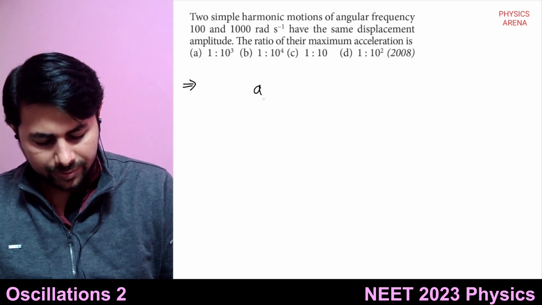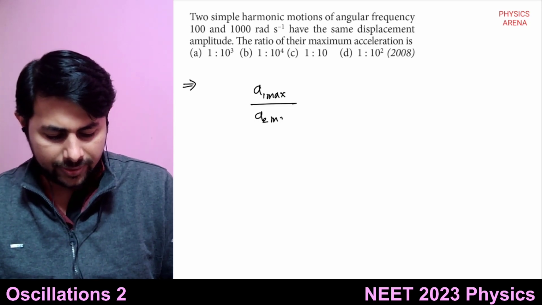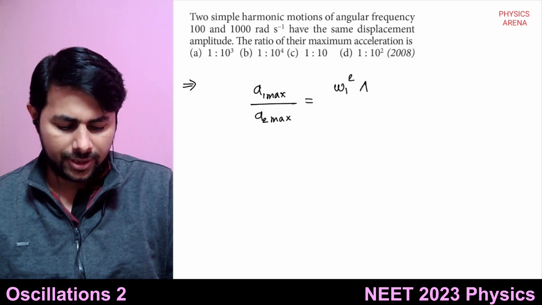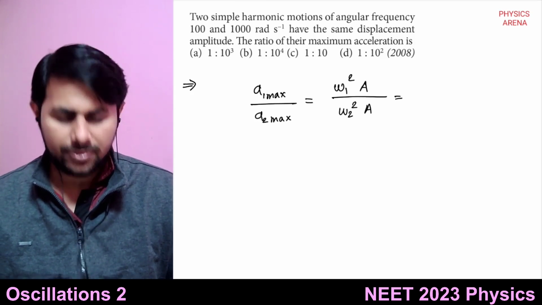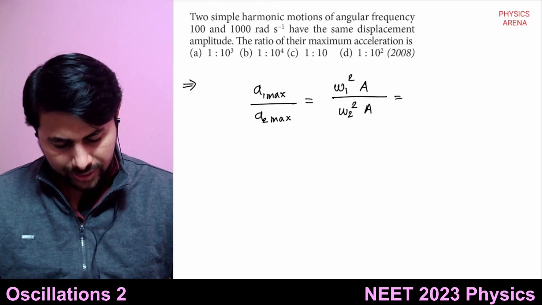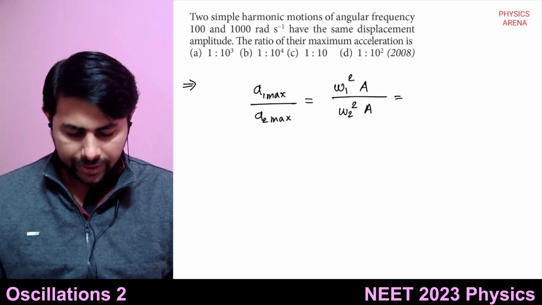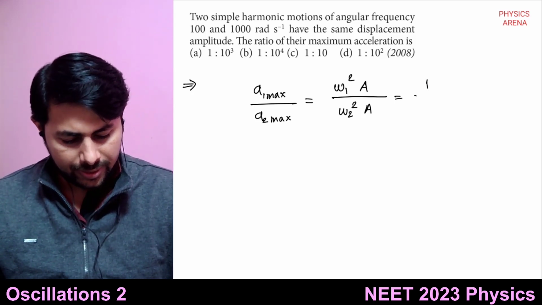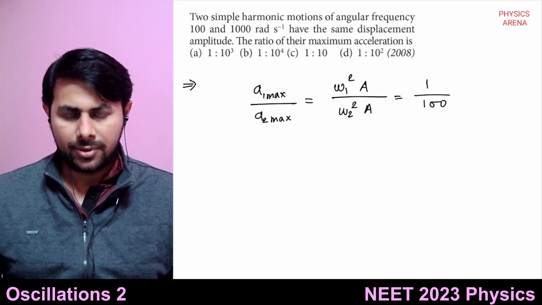Maximum acceleration, a1 max divided by a2 max. We can say it is omega 1 square a divided by omega 2 square a. A is same, so this thing will get cancelled. So it is 100 squared divided by 1000 squared. What's that? 1 upon 100, right?